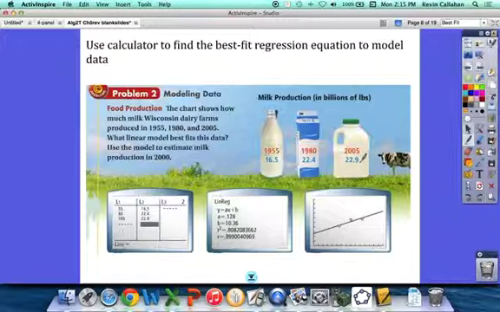Stat, edit, right? When you get to the stat edit screen, you see your L1 and your L2, and you put your X values under L1 and your Y values under L2. Right. Now, notice that they didn't put in 1955 and 1980 and 2005. They put in 55 and 80 and 105, which is fairly common.